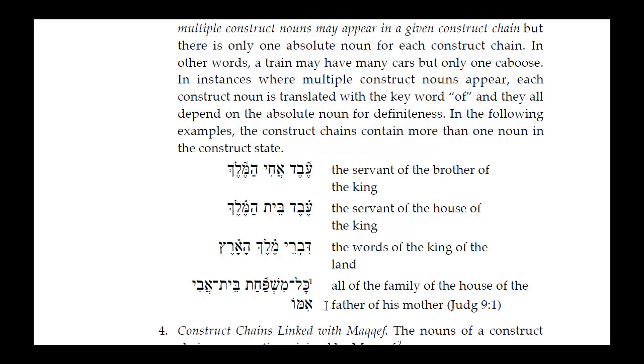And this is basically 1, 2, 3, 4 construct nouns and particles in relationship to this absolute noun. So it becomes definite. Everything is definite, going basically from Mishpachat, because Imo is an absolute noun with the pronominal suffix on it here.